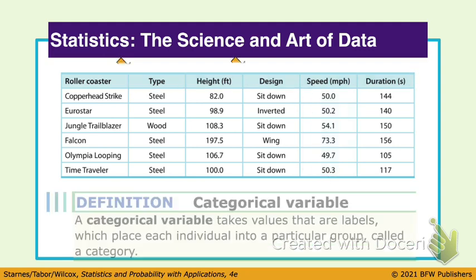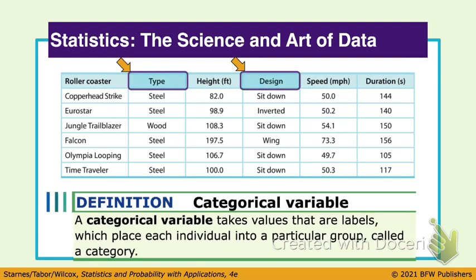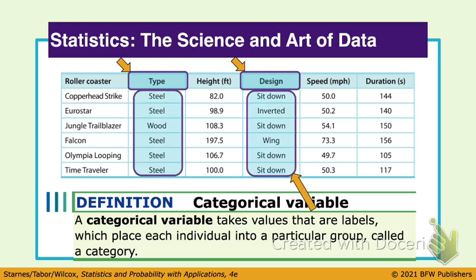All right, next up, categorical variables. So there are 2 types of variables that we're going to talk about, categorical and quantitative. Category, what does categorical sound like to you? A category, right? So a categorical variable is when I put a category for each individual. I give them a category that fits that variable.